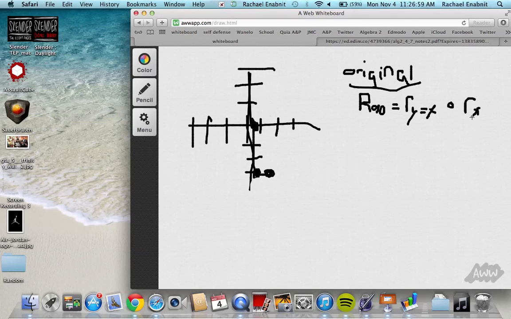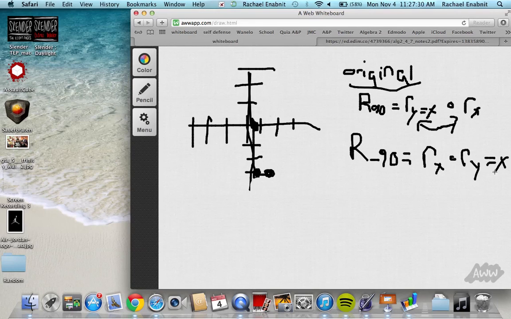And so our reversed one is now R of negative 90 equals, you just flip these two to get the reverse: R of x following R of y equals x.